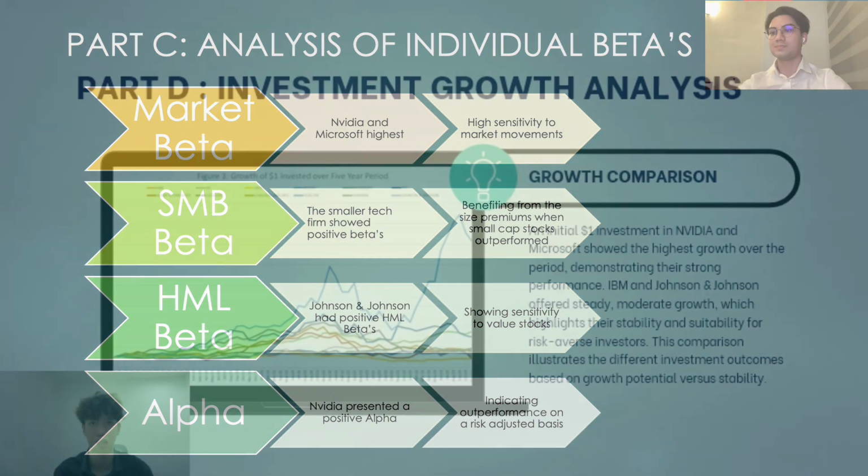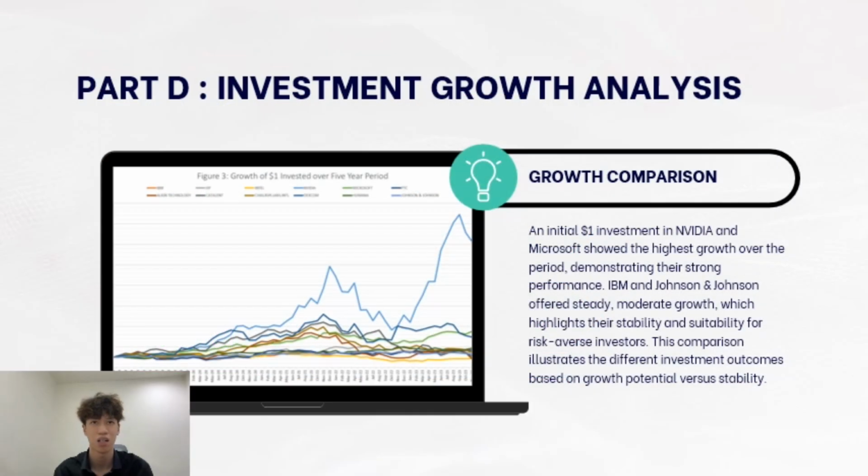Thank you. In Part D, we examine how a $1 investment in each of the 12 selected US companies would have grown from January 2019 to December 2023. NVIDIA achieved the highest growth, demonstrating strong performance. Microsoft also showed strong growth due to its solid market position.